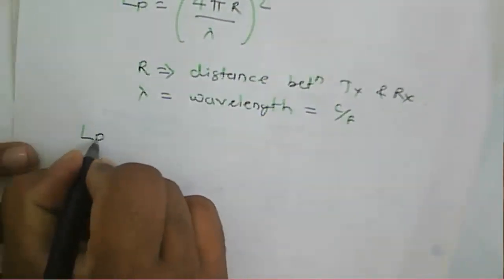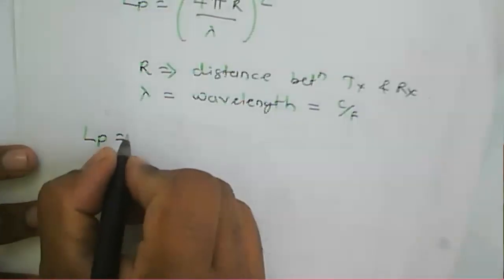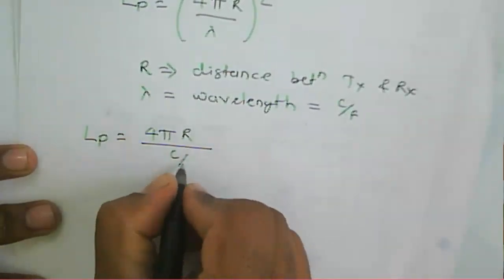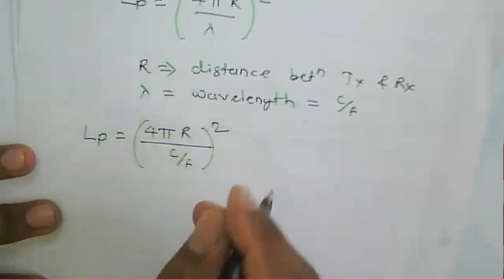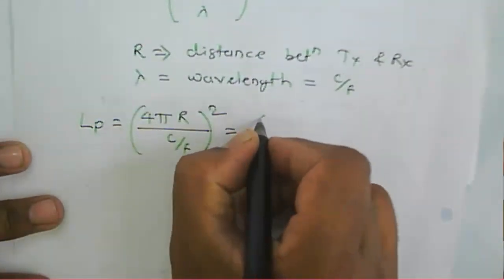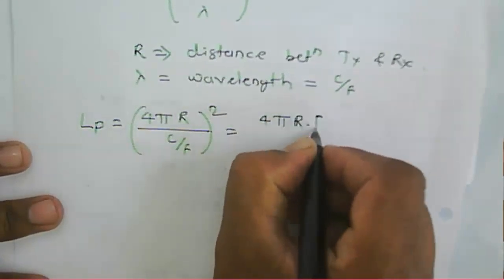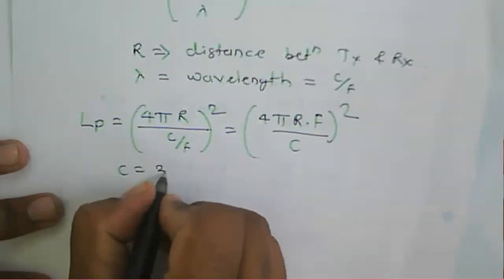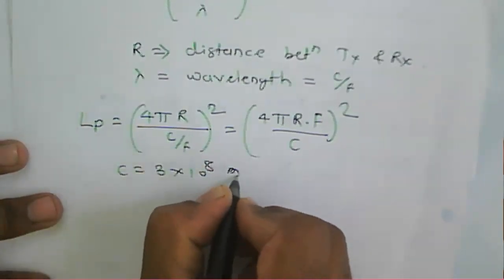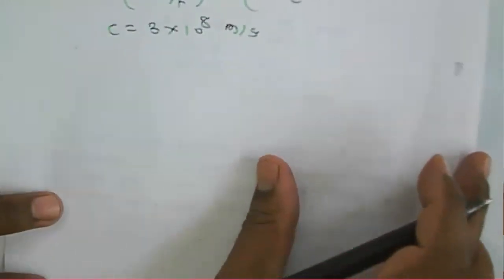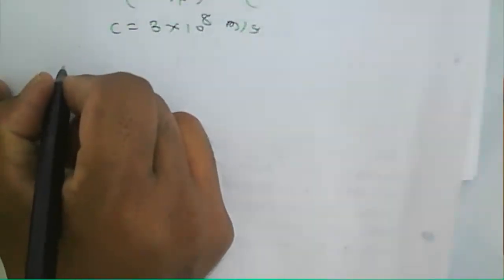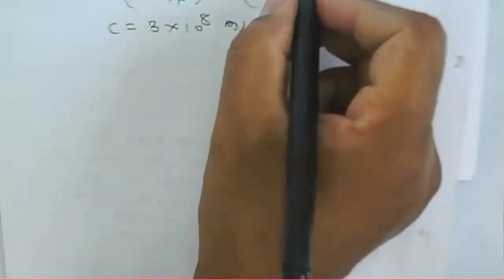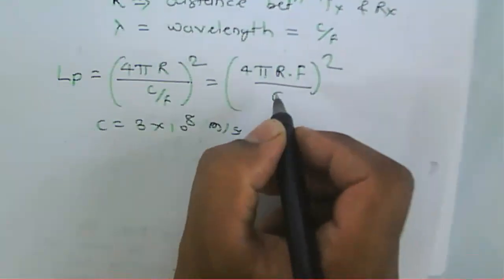So if we write the equation in terms of wavelength here, that is about c by f, r square. So in that case, 4 pi r into f by c. And if you put that c is equal to 3 into 10 power 8 meter per second, so in that case, we'll get the path loss directly in terms of frequency.